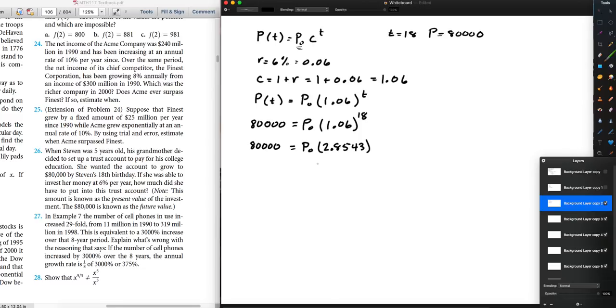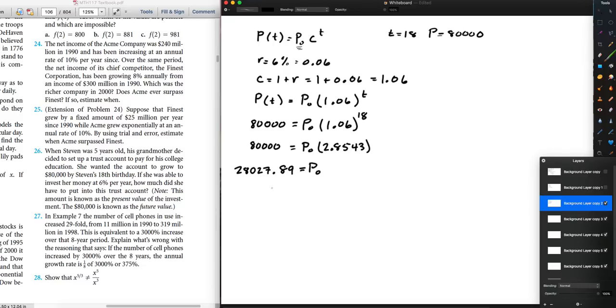Divide both sides by 2.8543. And 80,000 divided by that ends up being 28,027.89.